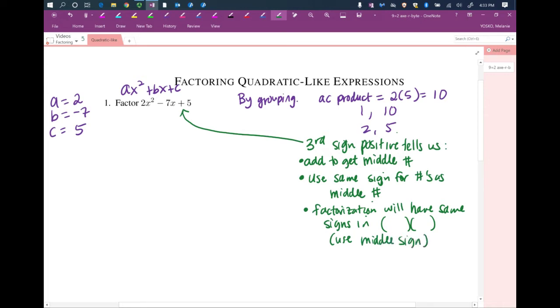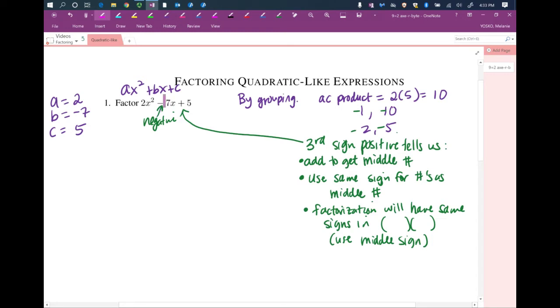Okay. So our third sign is positive, which means we're going to add to get -7, but we're going to use the same sign. So that means we had a negative sign right here. So we're going to put a negative for each one of these, and then we're going to add the numbers. So -1 and -10, well, that's a -11.